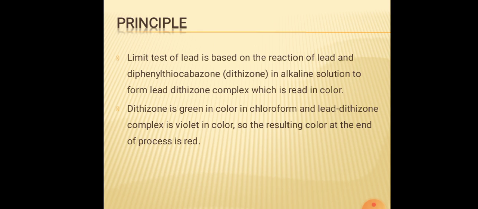Next, the principle for performing the limit test for lead. What is the principle behind the limit test for lead? The limit test of lead is based on the reaction of lead and diphenylthiocarbazone, meaning dithizone, in alkaline solution to form lead dithizone complex, which is red in color.